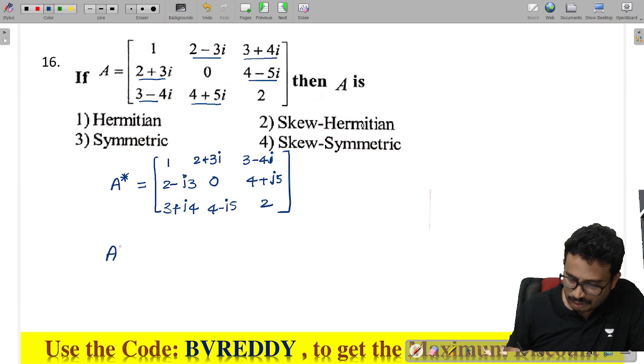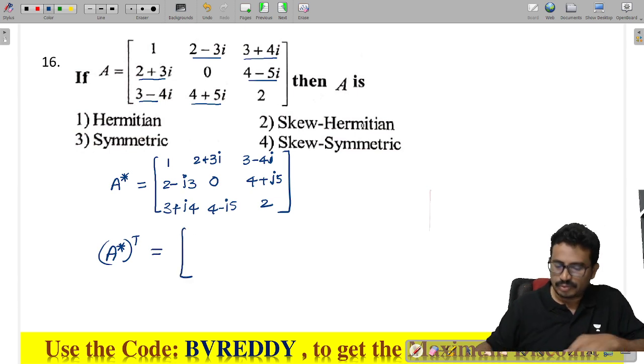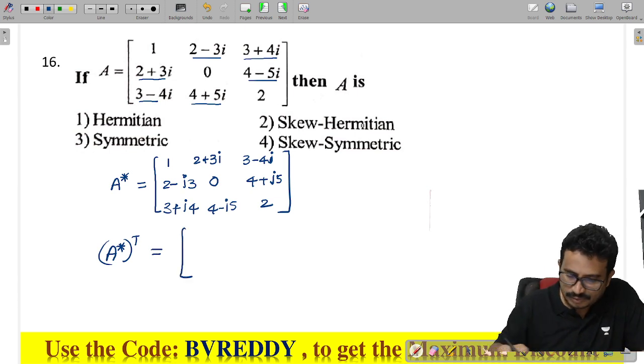And I take the conjugate, and after that I have taken the transpose. Now see what we can get here.